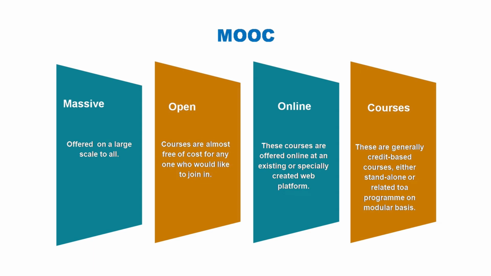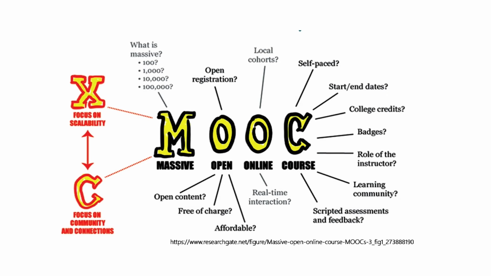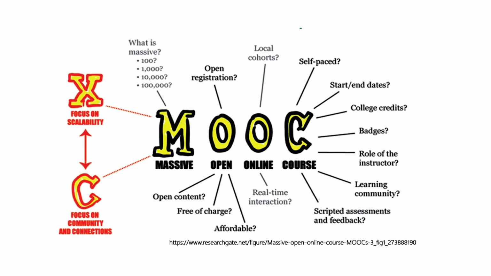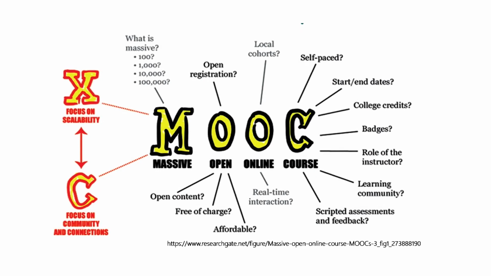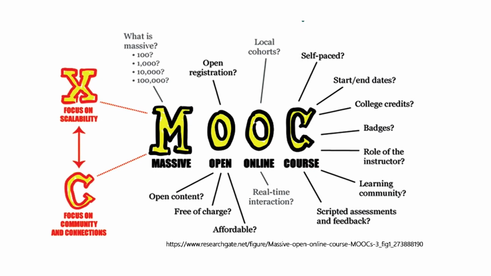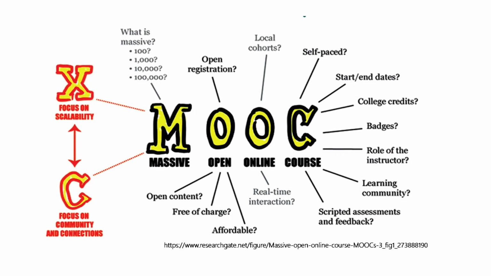So I will distinguish between xMOOC and cMOOC. cMOOC is a connectivist MOOC. When Professor George Siemens developed the theory of connectivism, and his colleague Professor Stephen Downes talked about openness, they talked about more collaborative, engaging, activity-based MOOCs.